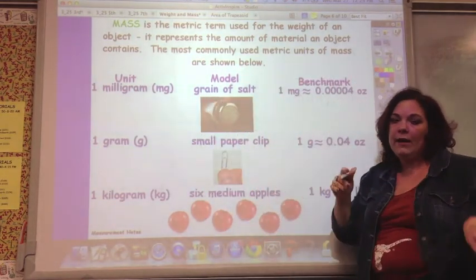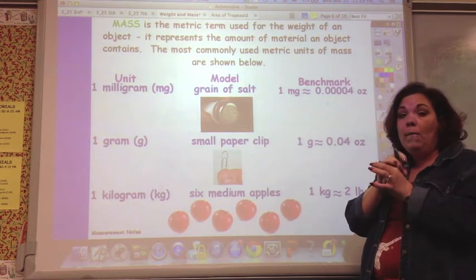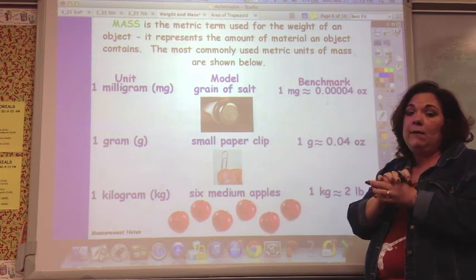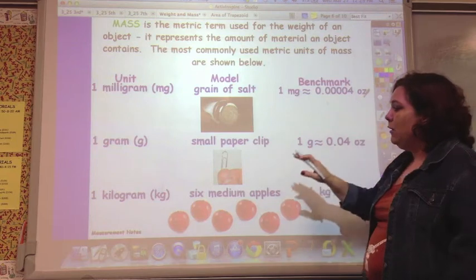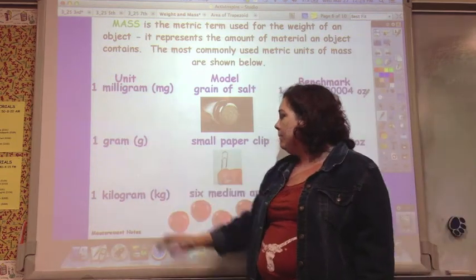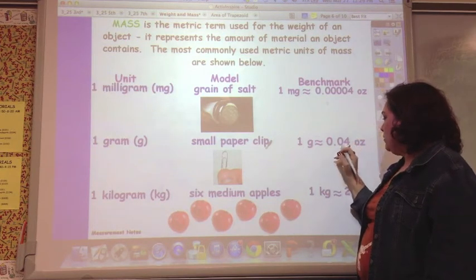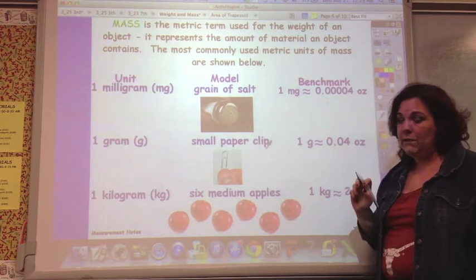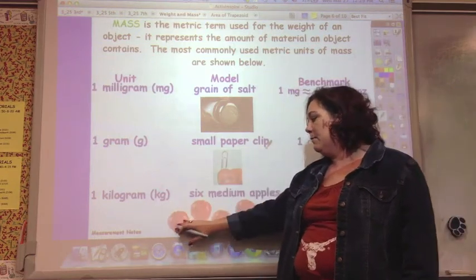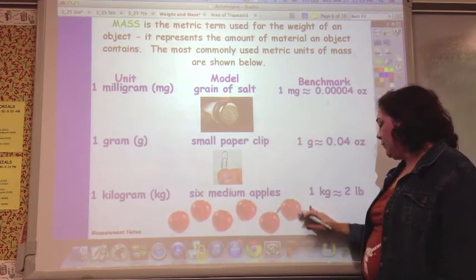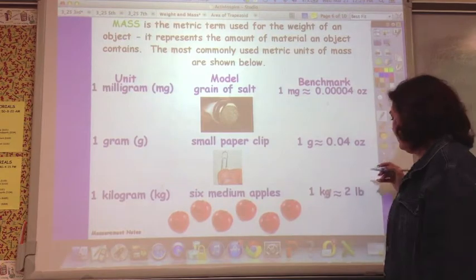If you think about little pills that come in milligram strength, 200 of those put together makes an aspirin. One milligram is very, very small. Then 1 gram, G, is like a small paper clip, about 4/100ths of an ounce. A kilogram is like 6 medium apples. It's about 2 pounds.